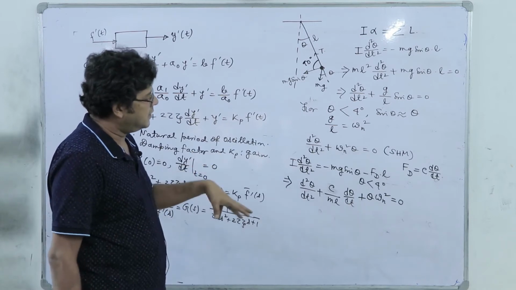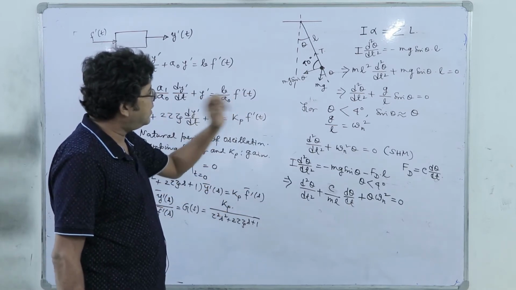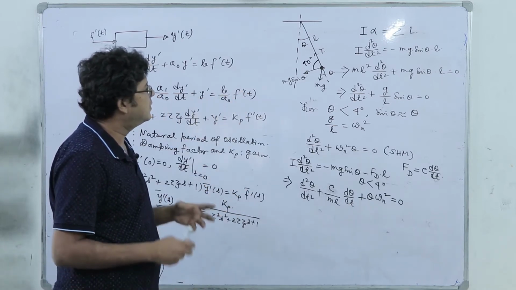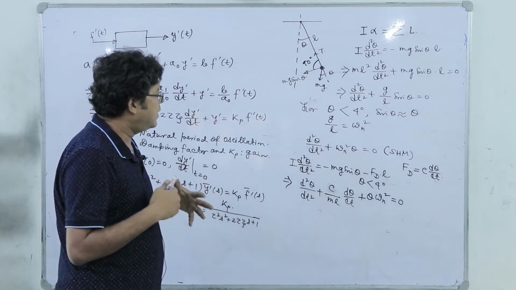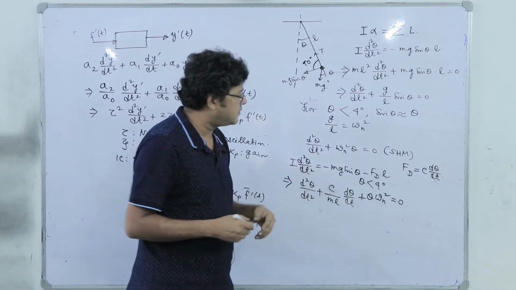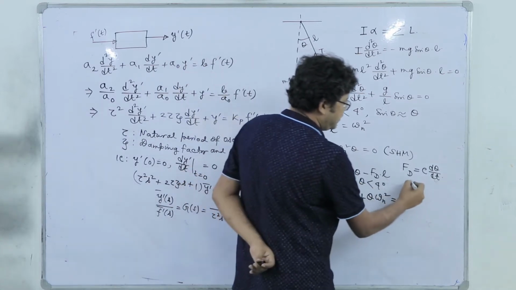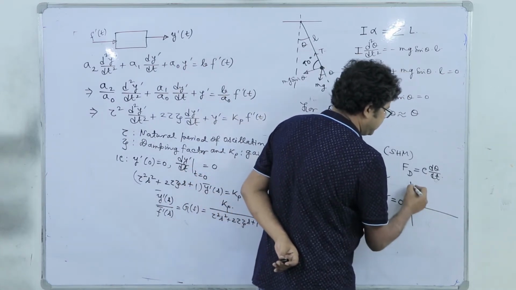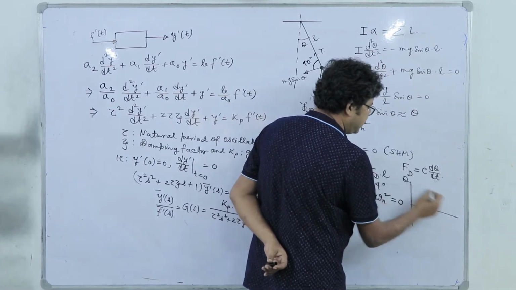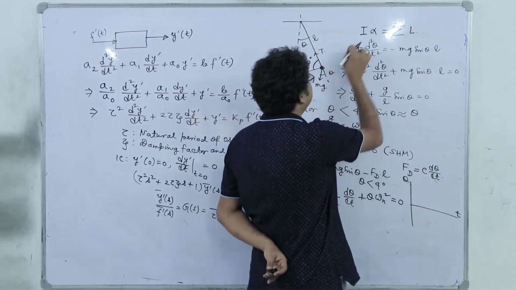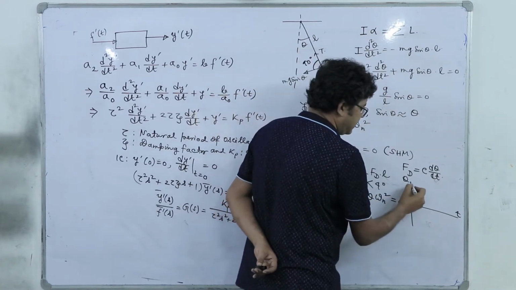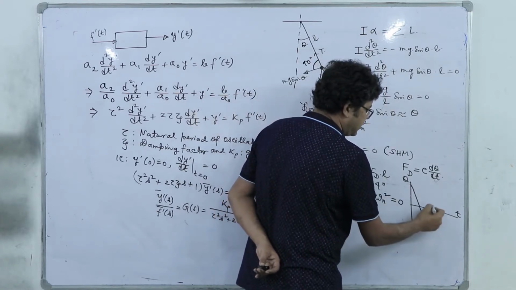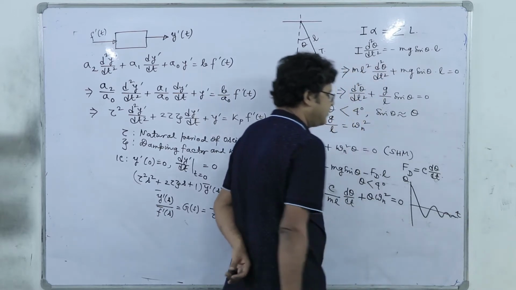Now, additionally, if I have a force, maybe a periodic force, under this condition what will happen to theta? See, if I give a positive displacement, like a large value of theta, if I displace this bob here and release it, it will execute a damped oscillation.